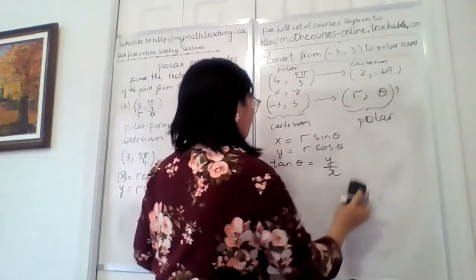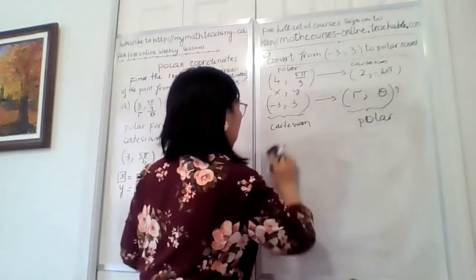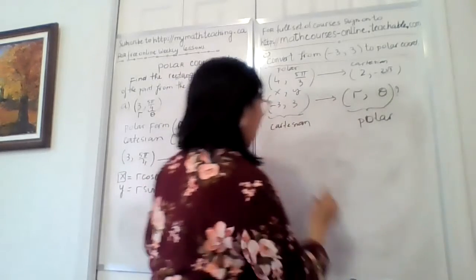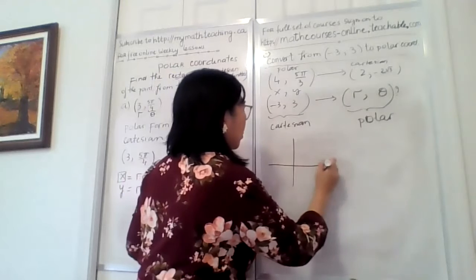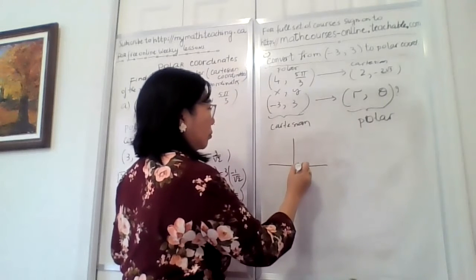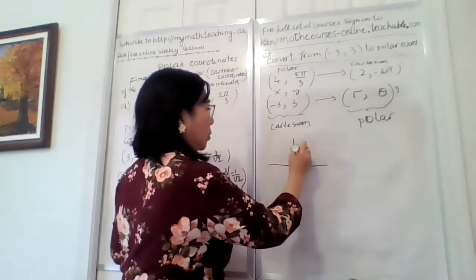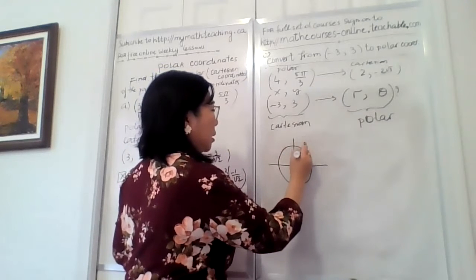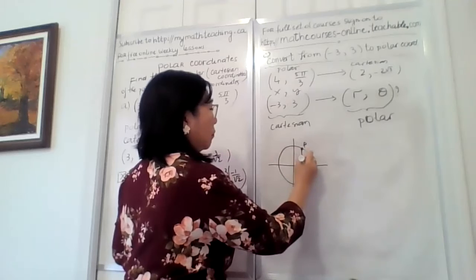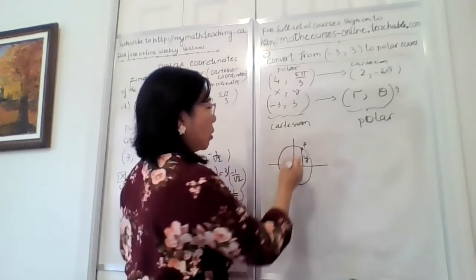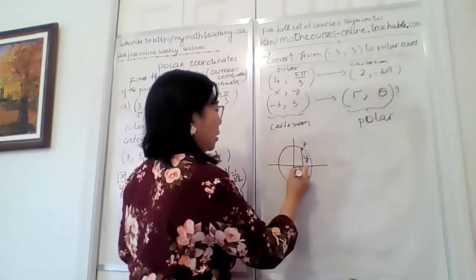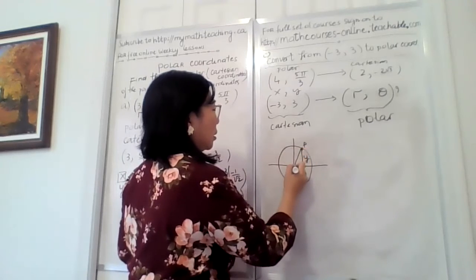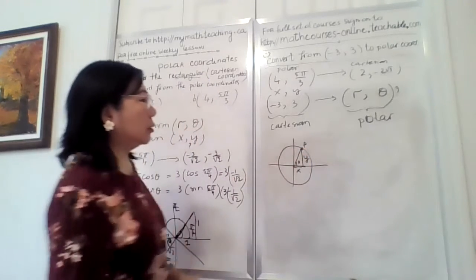Because, okay, let's do reverse. Let's say you have the unit circle and you have a point P here. All the way from here to here is your y, all the way from here is your x, and this is your angle theta.